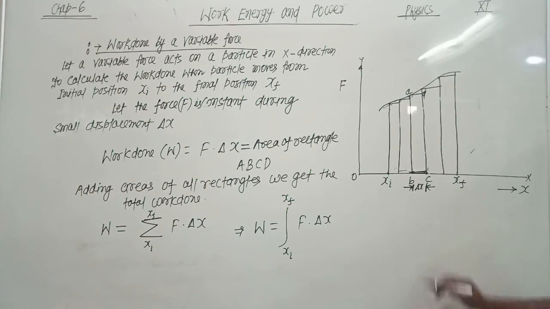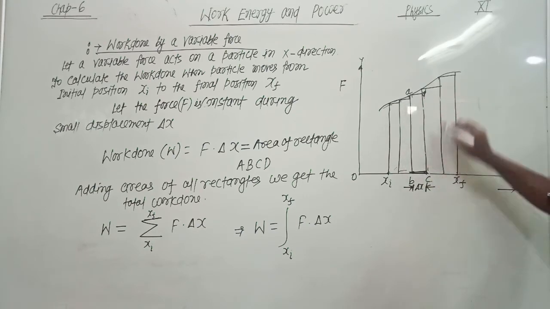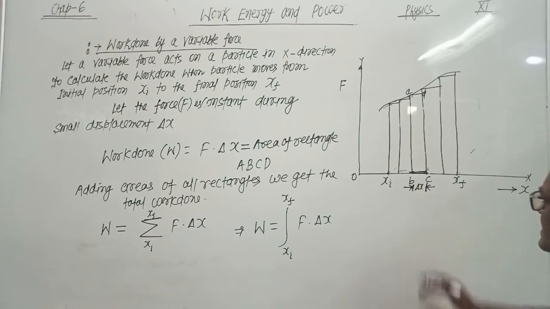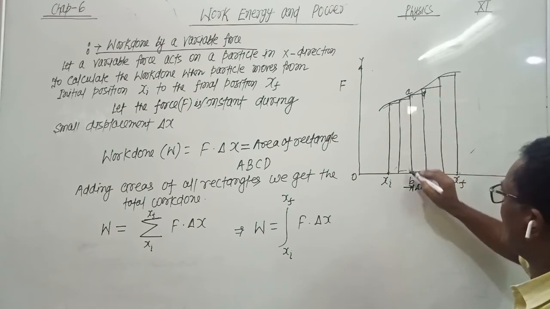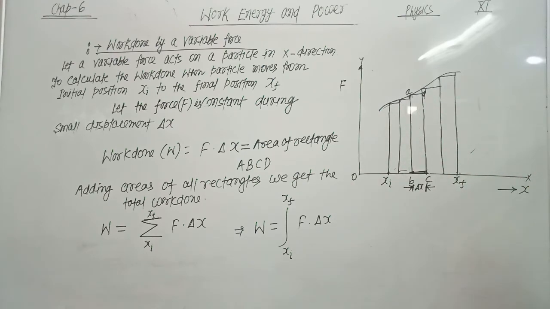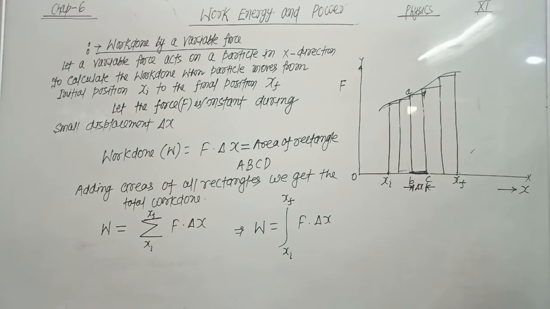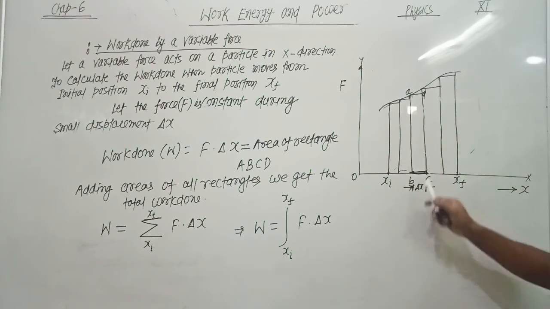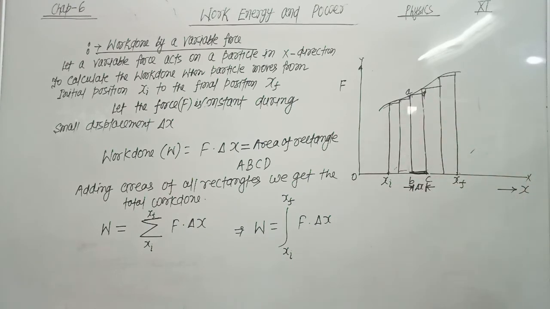We divide the whole displacement into a large number of rectangles, and we consider one rectangle whose width is delta x and the force acting is F. So work done equals force into displacement, F into delta x, which is also equal to the area of rectangle ABCD.